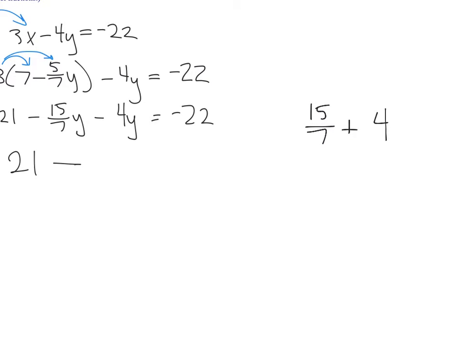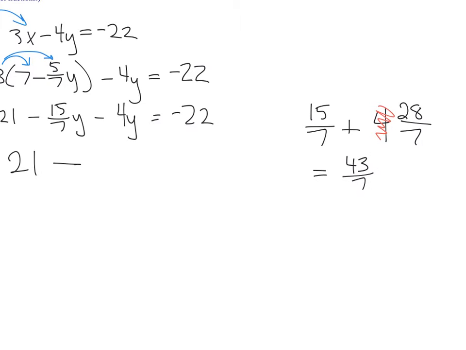We know that 4 is really 4 over 1, so we can replace 4 over 1 with 28 over 7, because 28 over 7 is still equal to 4. So now we have a common denominator. So 15 plus 28 is 43, so 43/7.